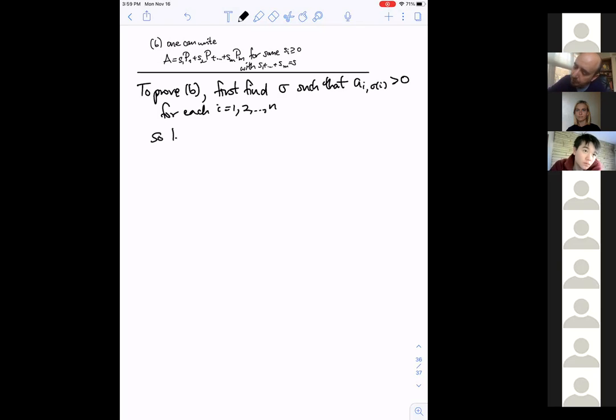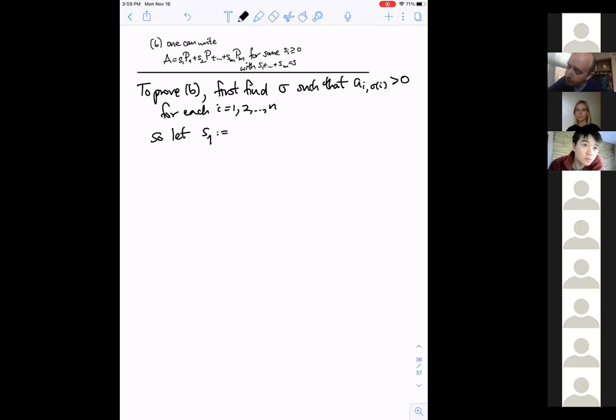So let S1 be the minimum of these non-zero entries that we circled. And I'm going to subtract off the permutation matrix times S1 in those positions.